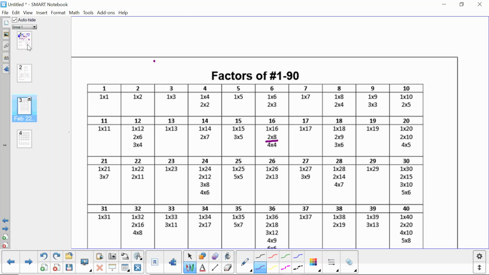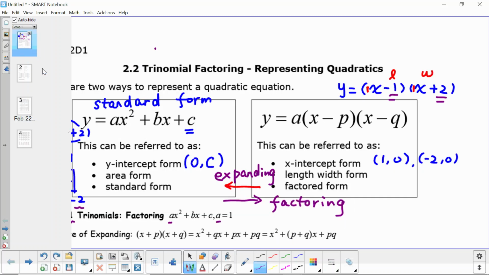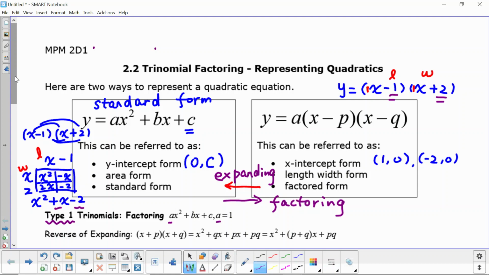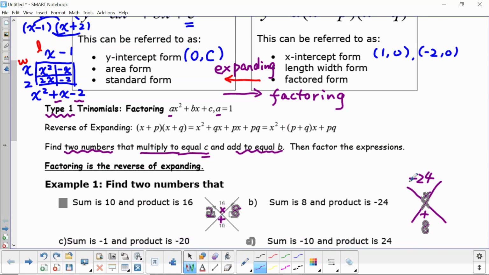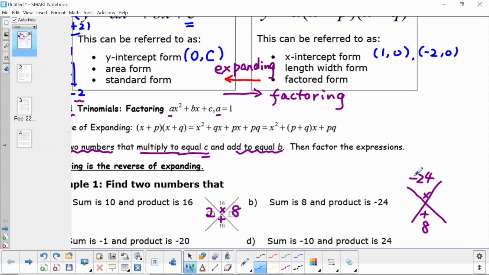Then this one is times together is negative 24, add together is 8. So we are going to see is negative. That means the two numbers will be different sign. So what we are going to find is we find the two numbers that the difference is 8.